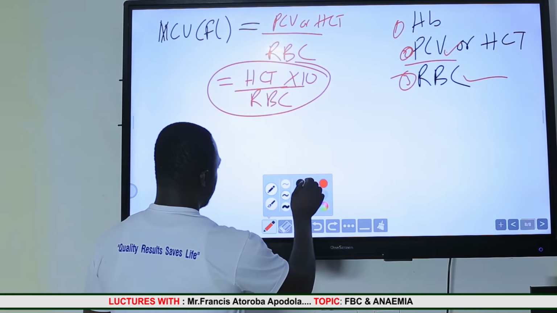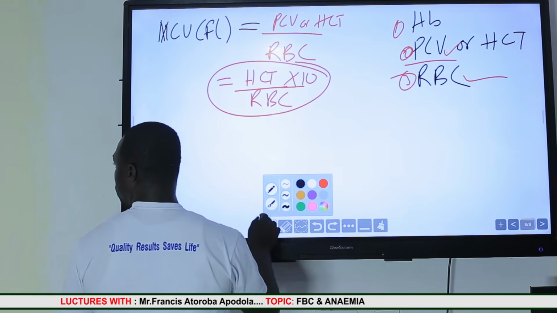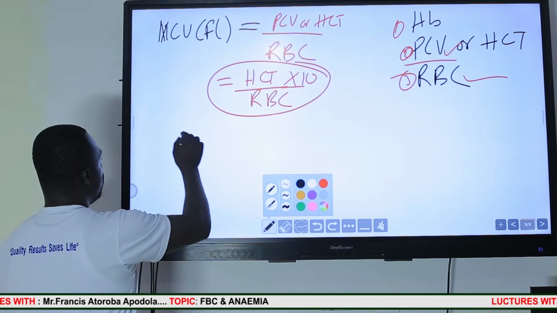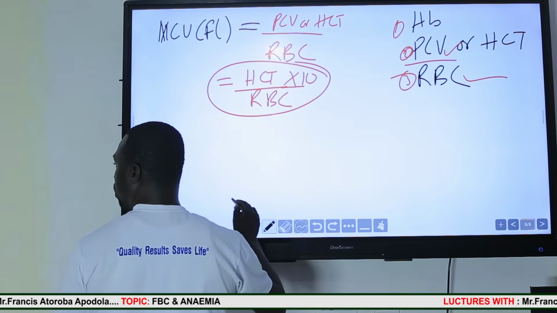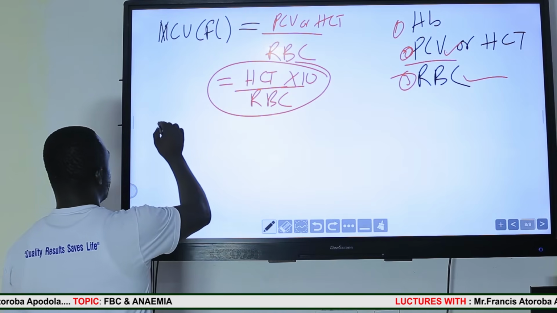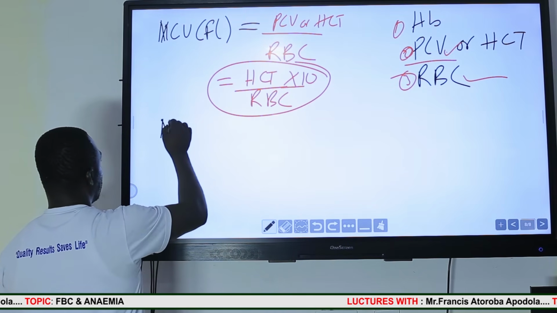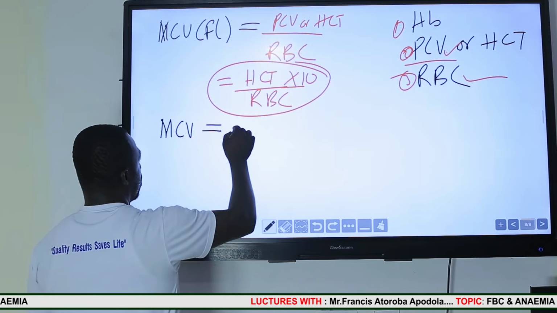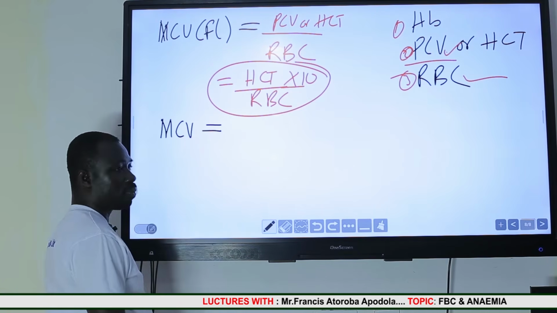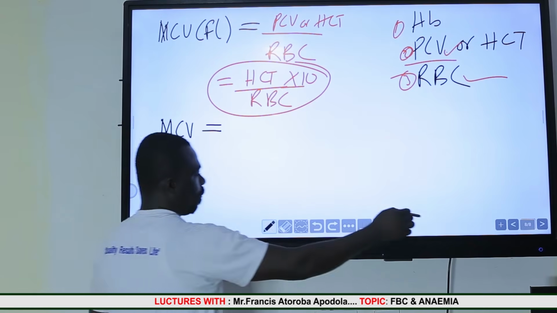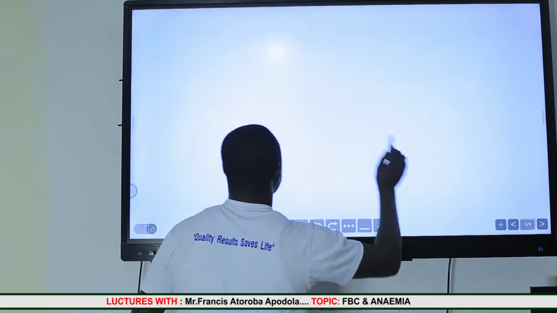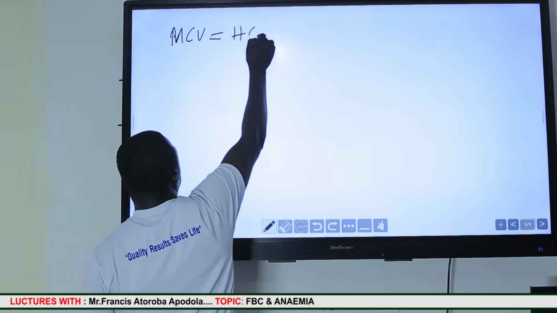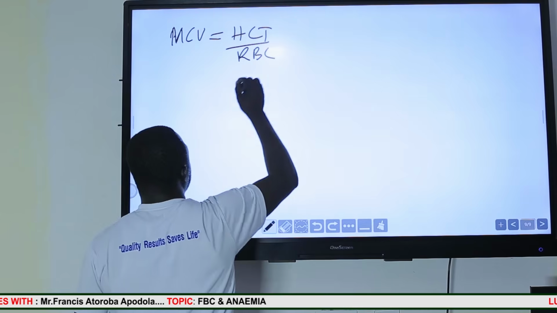So let's look at how we prove this formula. MCV is equal to hematocrit over RBC.